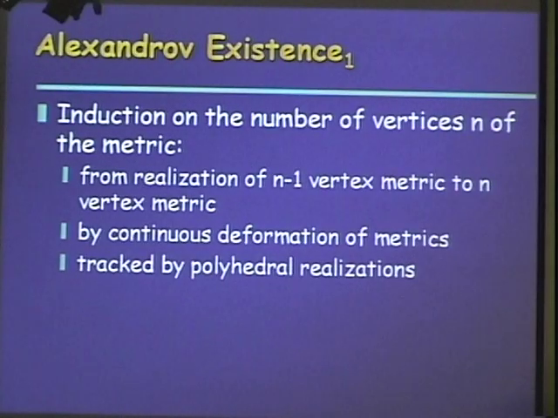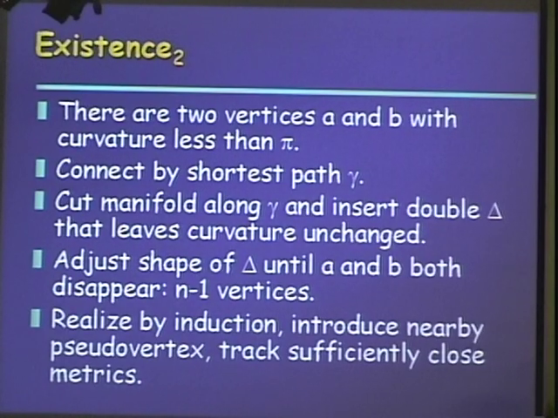It's induction on the number of vertices of the metric, and from a realization of n minus 1 vertex metrics, you move to an n vertex metric by continuous deformation of metrics, which you track the whole way along by polyhedral realizations until you end up with a realization of n vertices. And here's the center of the proof. You take this polyhedron already realized with n minus 1 vertices, and you want to move it to n.